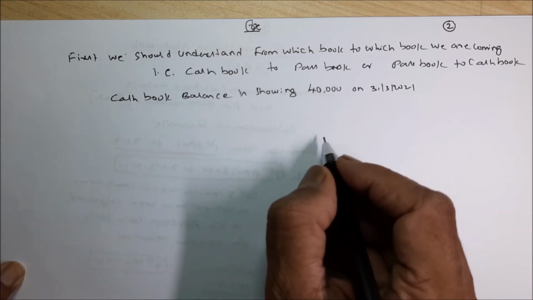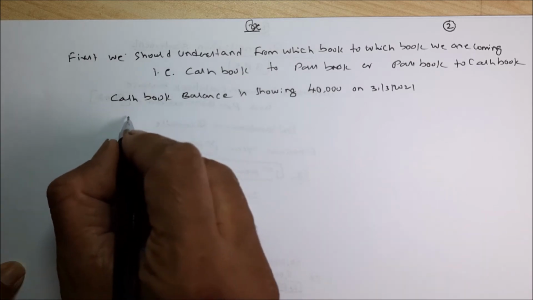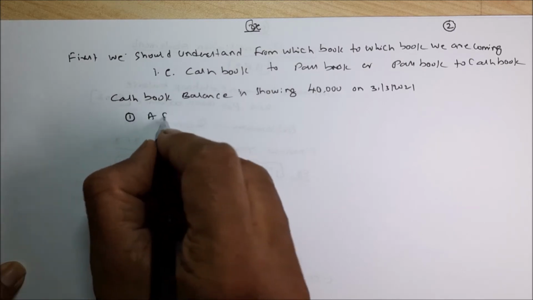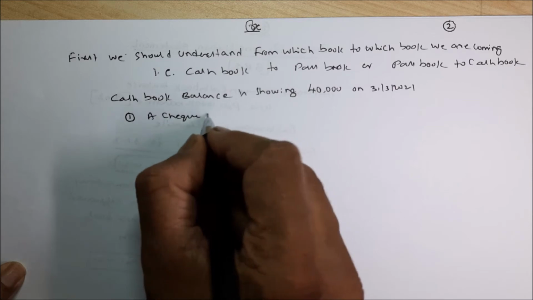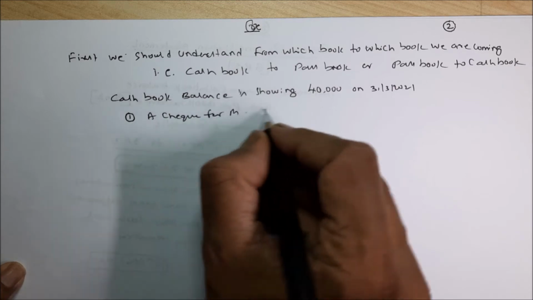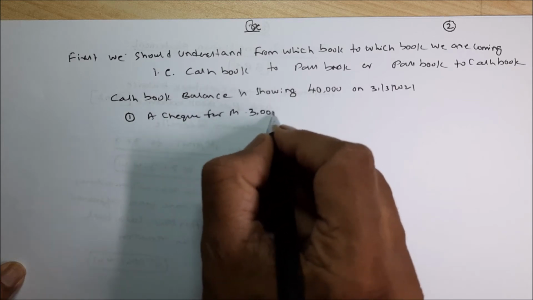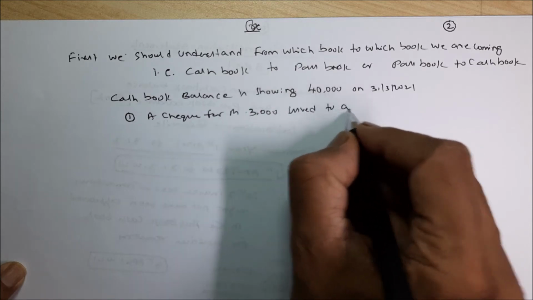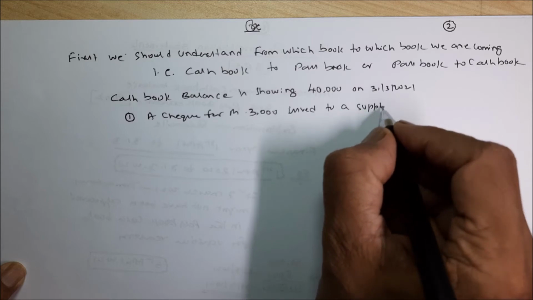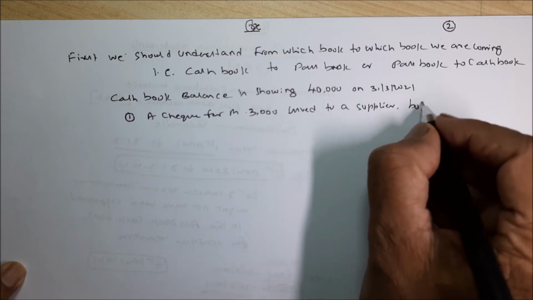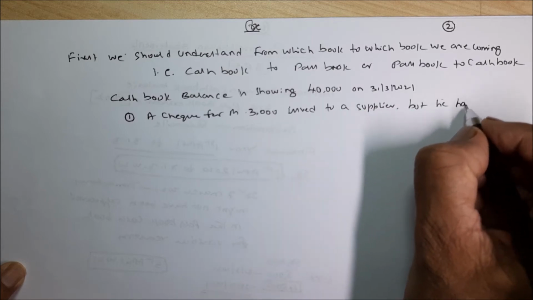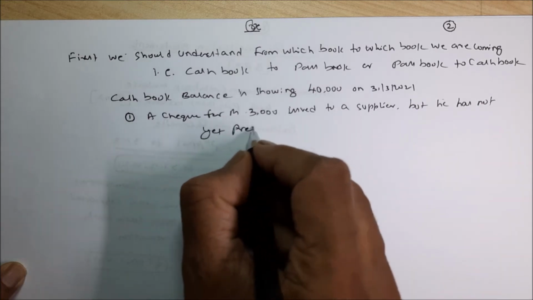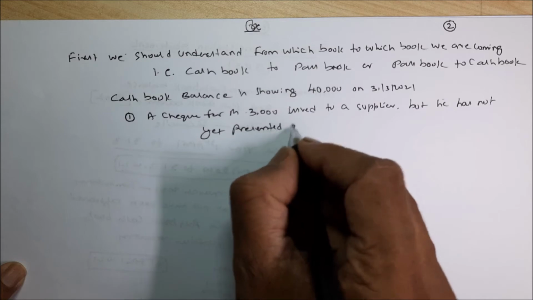So what is the difference? Number one, a check for rupees 3,000 issued to a supplier, but he has not yet presented it for payment.